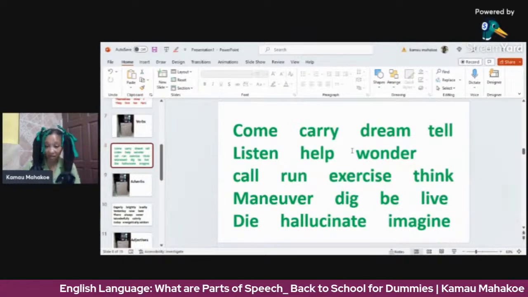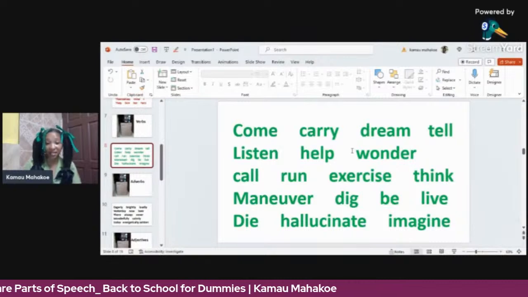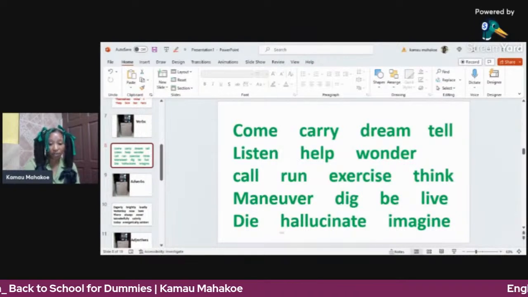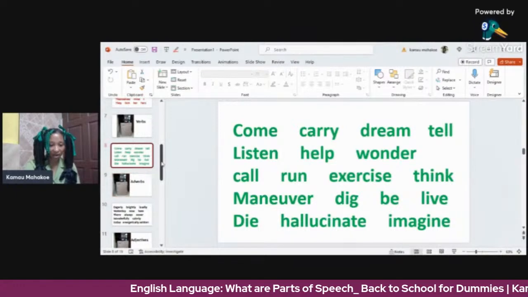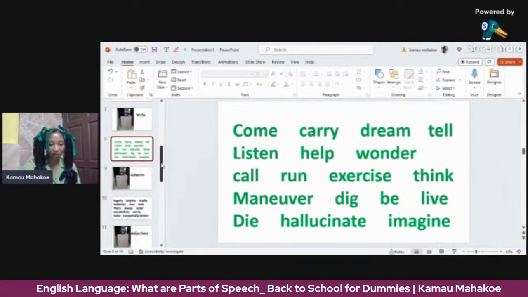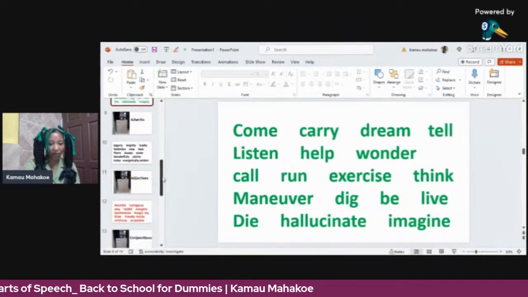Remember, think, conjure, those are verbs. All right, so just remember to include those when you think about your action words. All right, so that's 3 out of 8 so far.